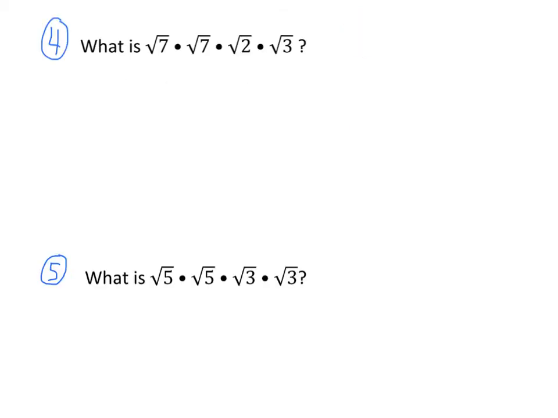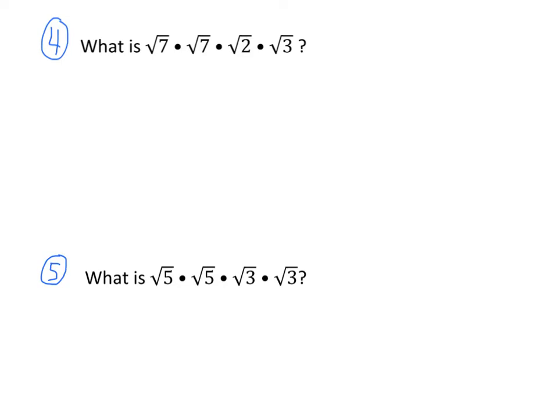Now that we have that definition, I want us to think about some multiplication problems with these square roots. What is the square root of 7 times the square root of 7 times the square root of 2 times the square root of 3? We're not going to write these answers with decimals. We're going to leave this in square root form, or radical form.